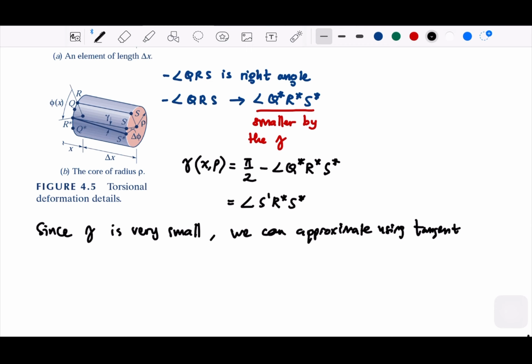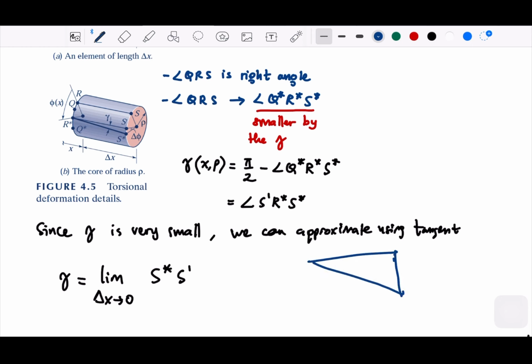And at the same time we take the limit as delta x gets close to 0, or as we cut the sample very, very small. Then the tangent, or we say the S asterisk S prime, let me write here.